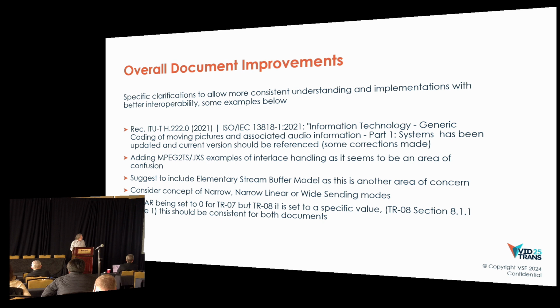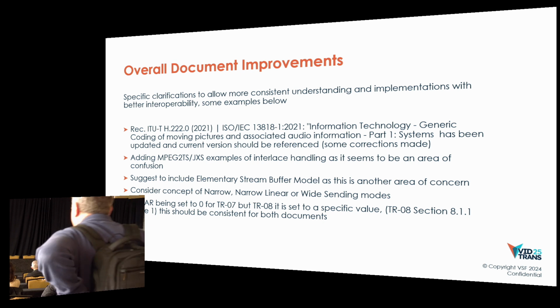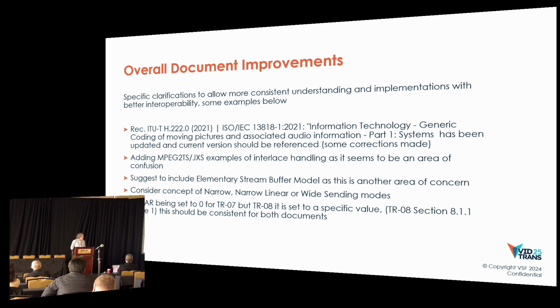If someone implemented and didn't understand what we had said in TR07 and used the original H222 documents, they could have done some different implementation, especially relative to interlace handling. So that's something we want to be more clear on in the TR07 document. Perhaps adding some examples of how to do that so it's really clear.